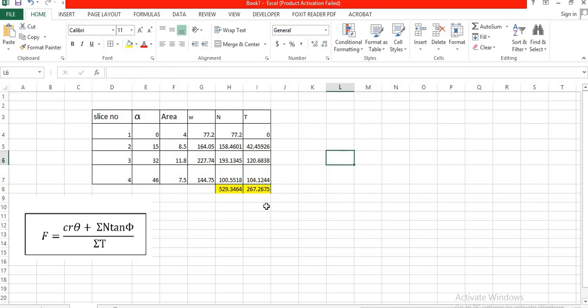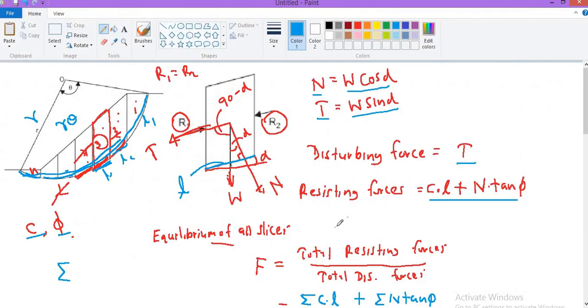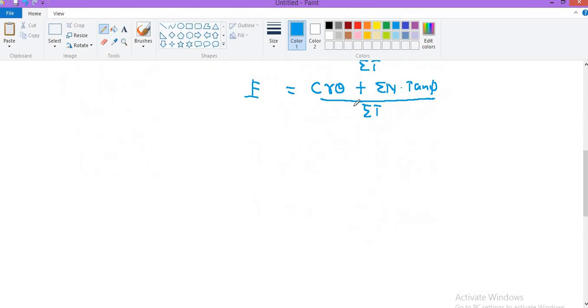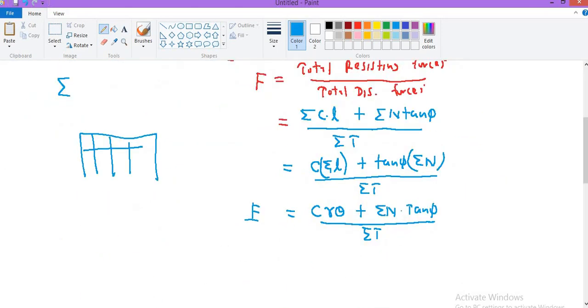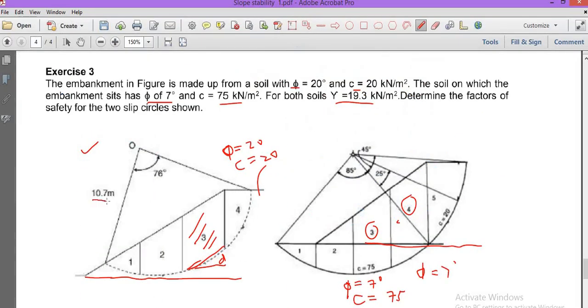Now we can apply our factor of safety equation. So this is the equation. C is already given as 20 and R is 9, as I remember. No, R is 10.7, theta is 76, and the phi value is 20.